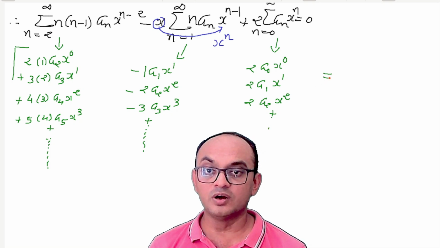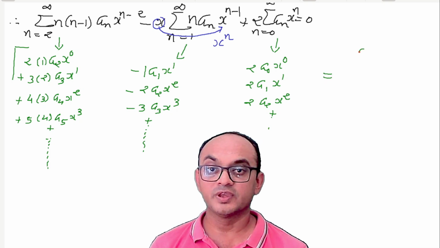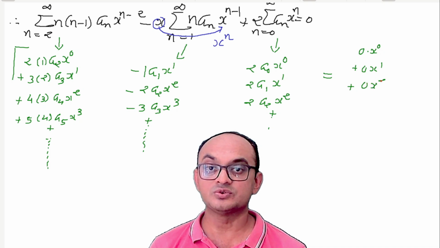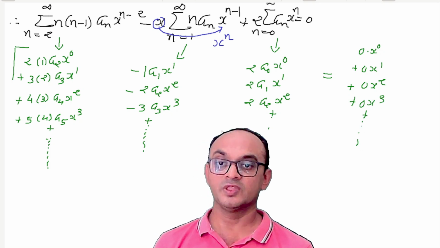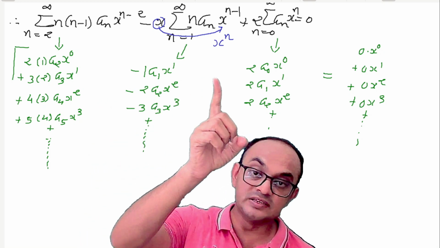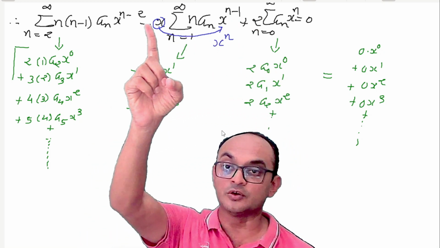Equal to 0. 0 is what? 0 into x raised to 0 plus 0 into x raised to 1 plus 0 into x raised to 2 plus 0 into x raised to 3 and so on. So actually this is the meaning of this equation.